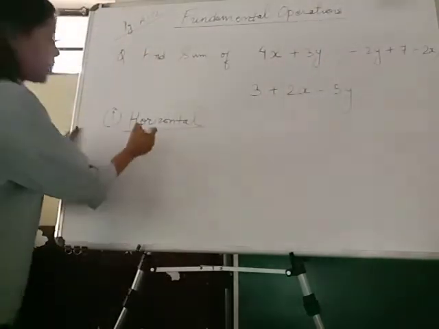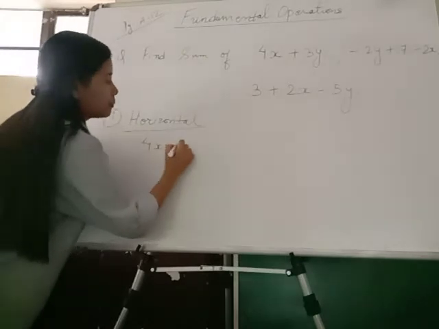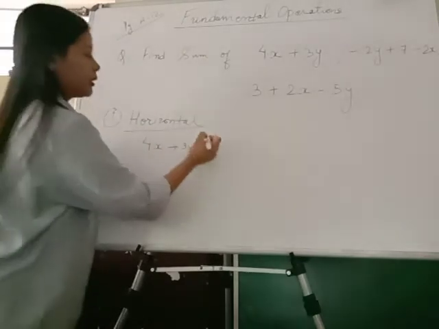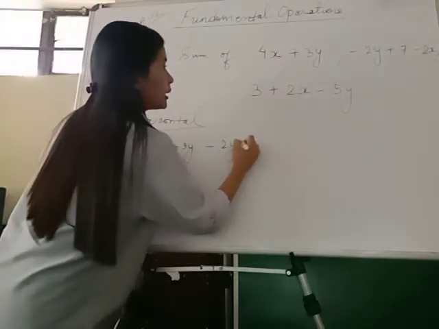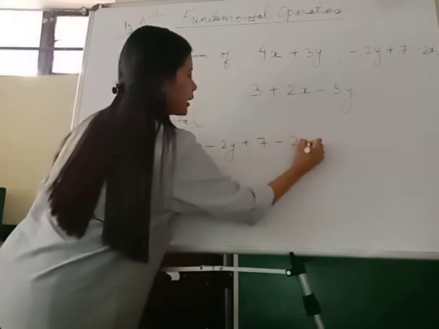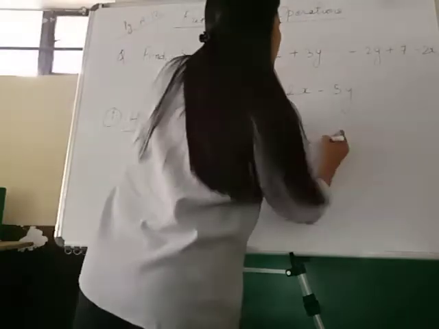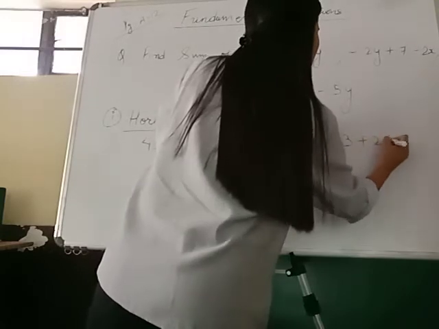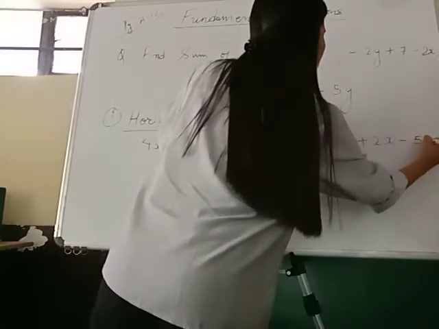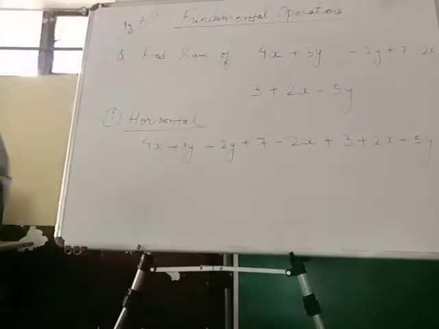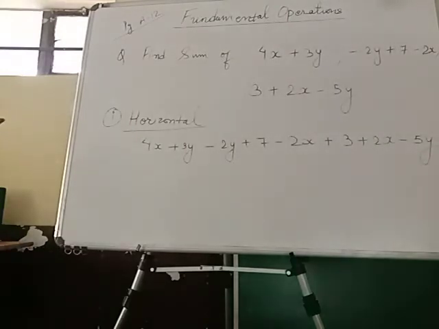Okay, so we have 4x plus 3y minus 2y plus 7 minus 2x plus 3 plus 2x minus 5y. So we have done nothing. We have just written all the algebraic expressions together.